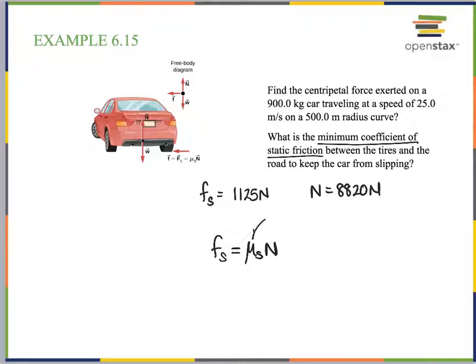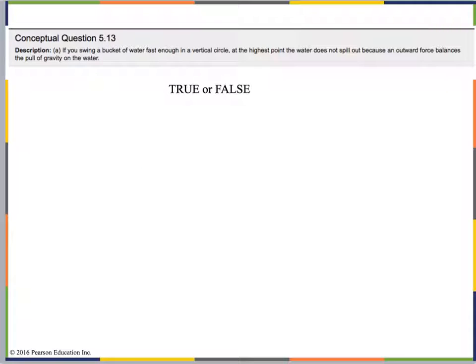Can we find this coefficient? So we just rearrange this to solve for it. And we find that the minimum coefficient of static friction we need is 0.128, which actually isn't too big. So it's good. That means we won't slip so easily.